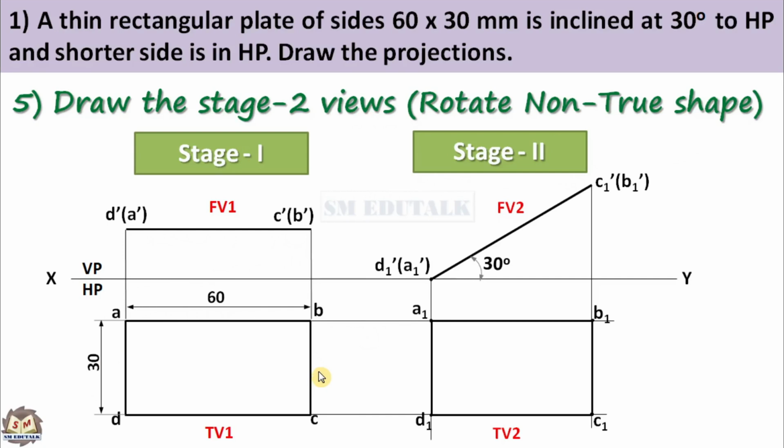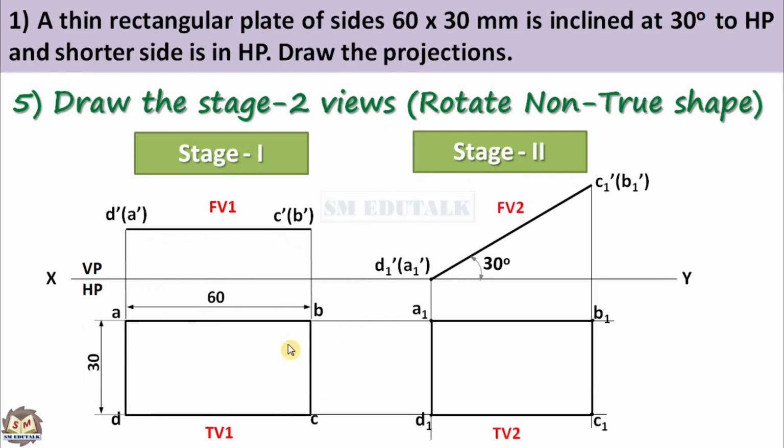That's why there is no problem. But you have to rotate the non-true shape accordingly in stage 2. But the selection of left or right side differs from problem to problem. For avoiding confusion, I advise considering only the left side of the object for deciding true shape orientation.